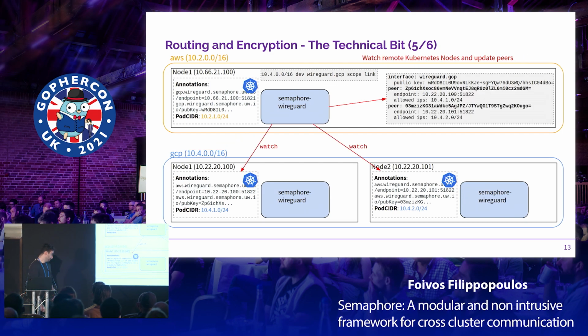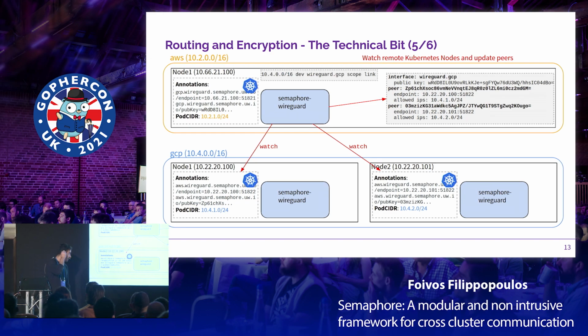And lastly, it's going to watch all nodes everywhere apart from the node it's running on, so that it can configure the WireGuard peers. For example, here we're going to pick up 2 peers. Each peer has an endpoint address and allowed IPs that correspond to the pod CIDR of the node, and WireGuard is actually smart enough to know and route things properly.